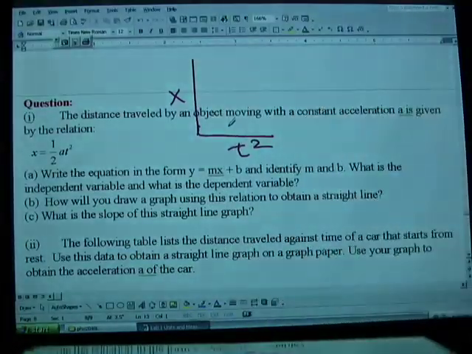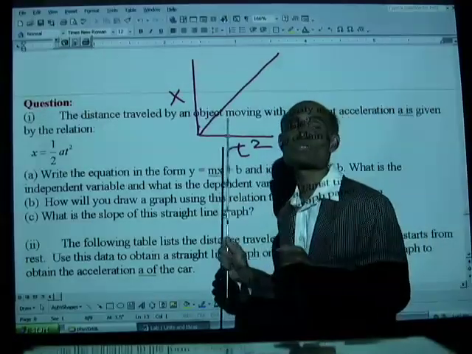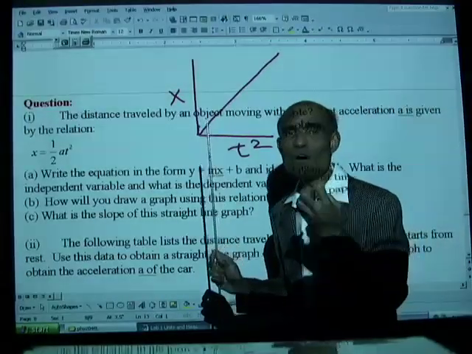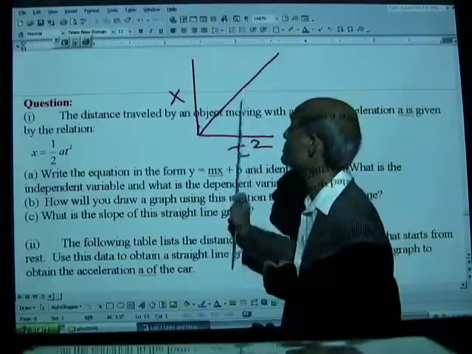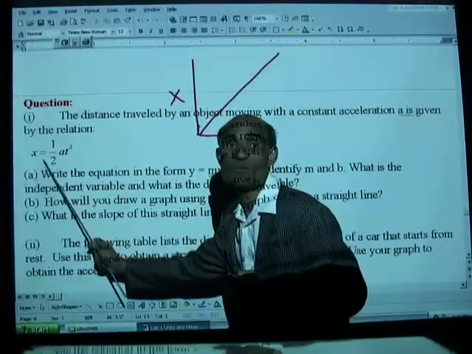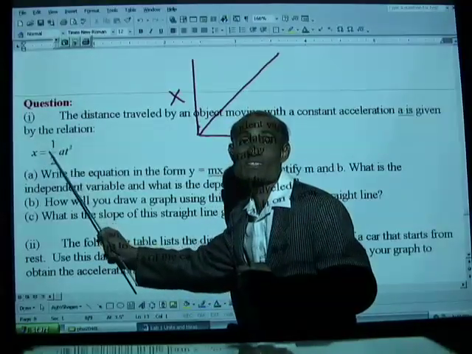That graph will be a straight line like this. Now tell me, if you measure the slope of this graph, what will that slope represent? Well, the slope of that graph will be 1/2 a. 1/2 a is the constant there.